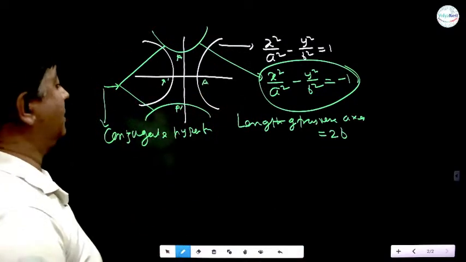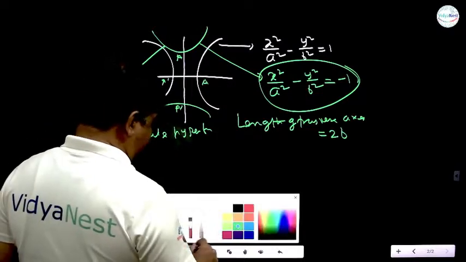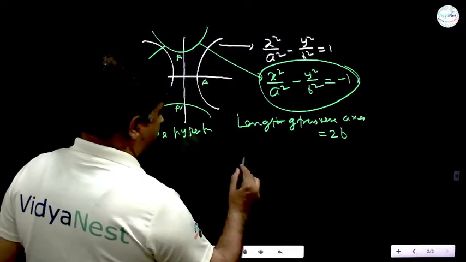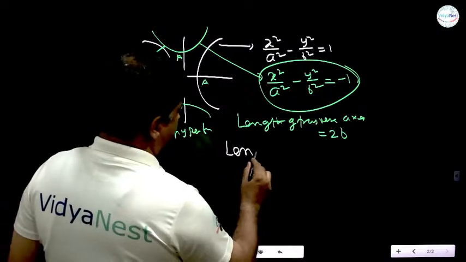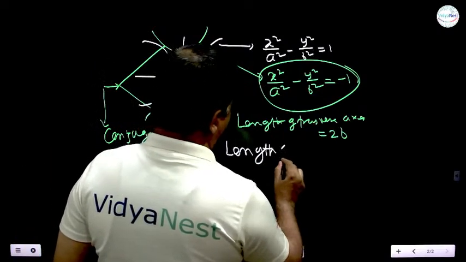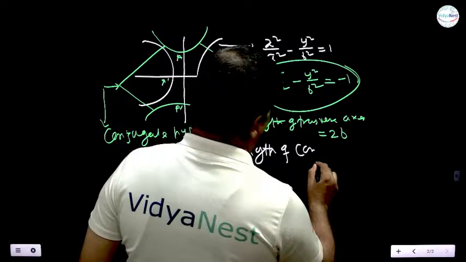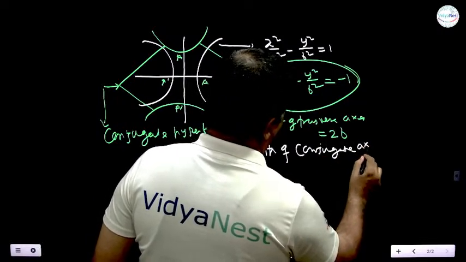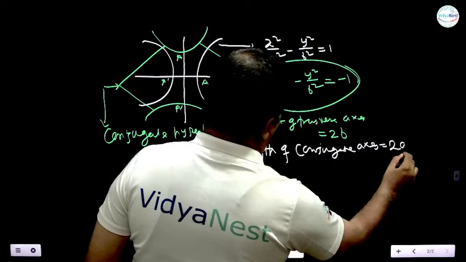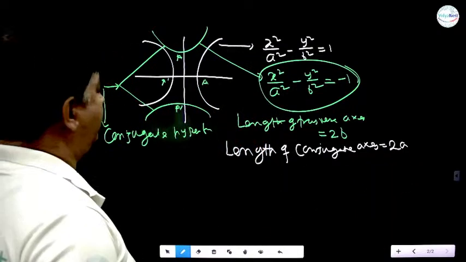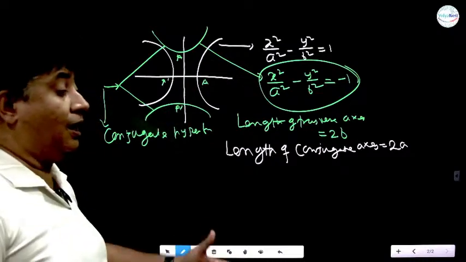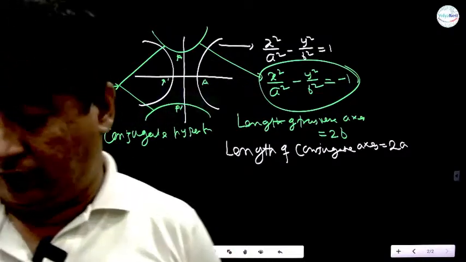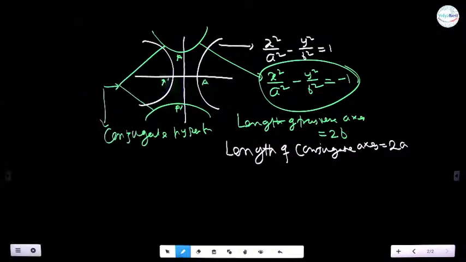Everything will be reversed. The length of the conjugate axis is 2a. Now, foci: earlier you got plus minus a, 0.